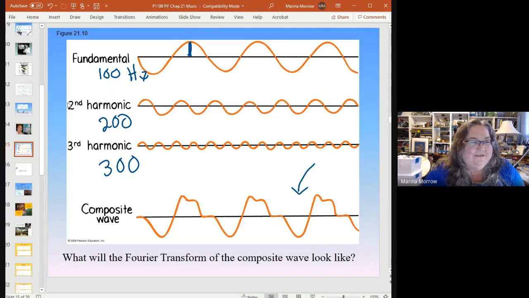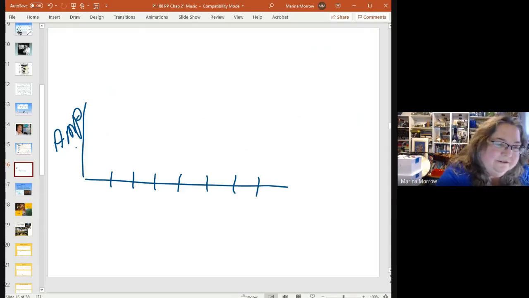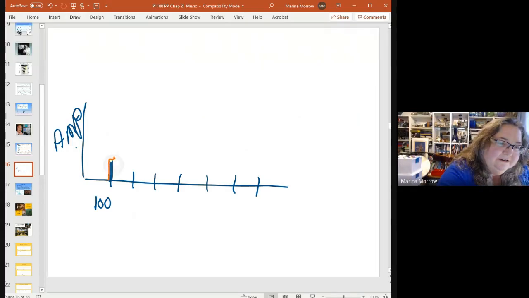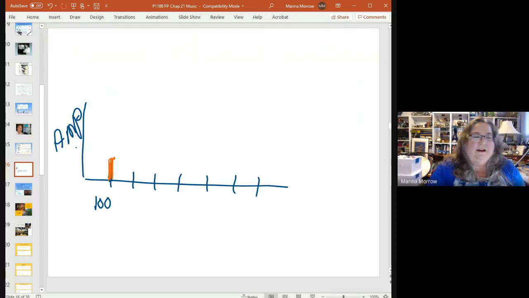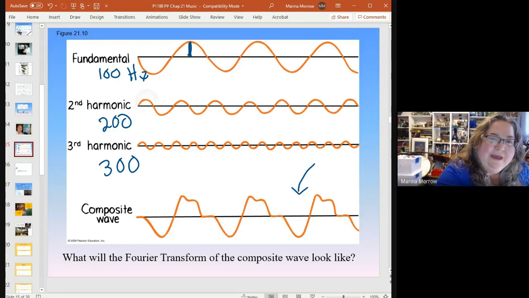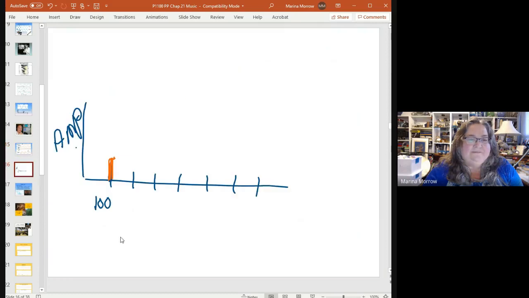Okay, so that tall. All right, so then we go down here to our chart. At 100 hertz, I would put a spike that is 6 long. What I should do is change colors here. Okay. All right, and then let's go back to look at this. Our second harmonic is maybe half as high, maybe a 3. So it's less energy put into the second harmonic.